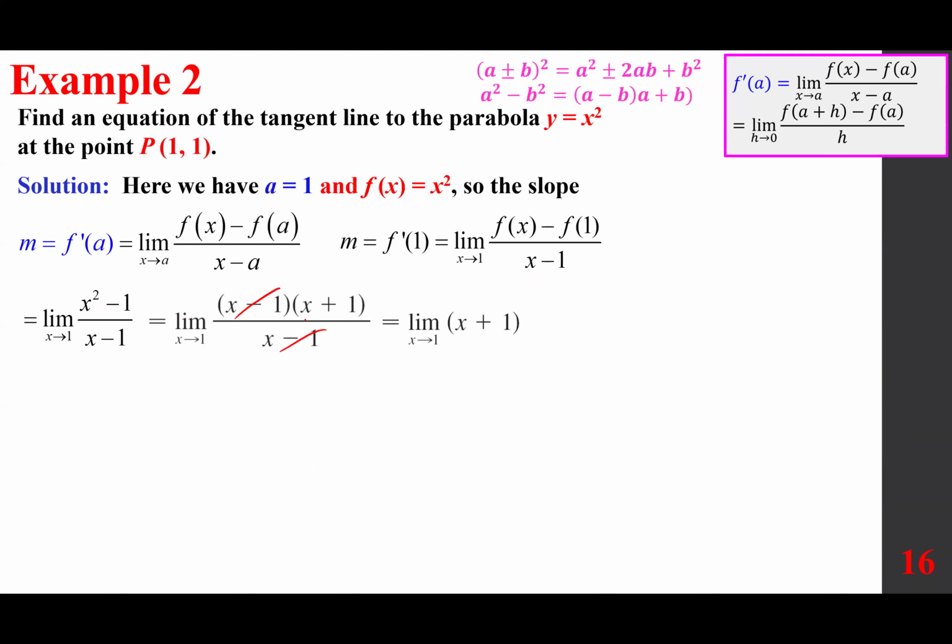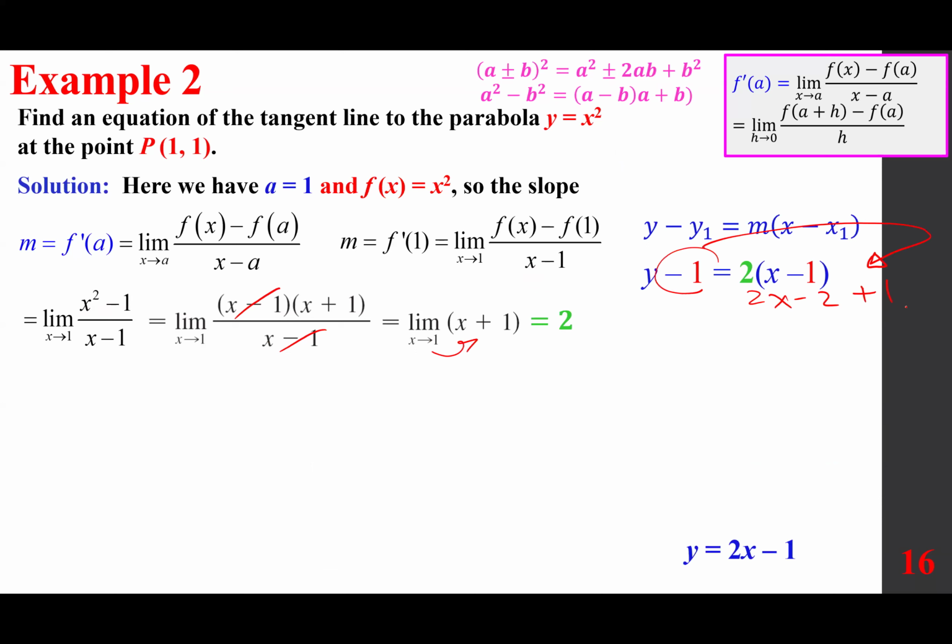These two cancel each other. Plug in and we get 2. Y minus y1 equals m times x minus x1. Plug in. Y equals 2x minus 1. And we are done, everybody.